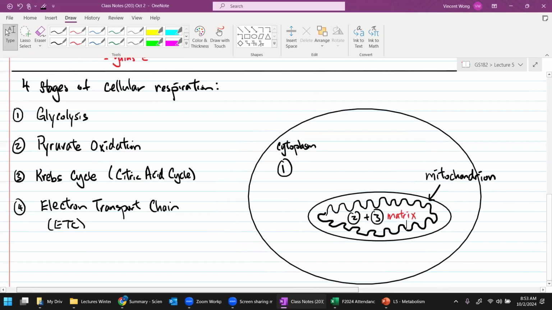And step number 4 happens right here in the foldings. The foldings are called cristae. We drew this mitochondria in lecture 3. So each stage has a specific location in which it happens.